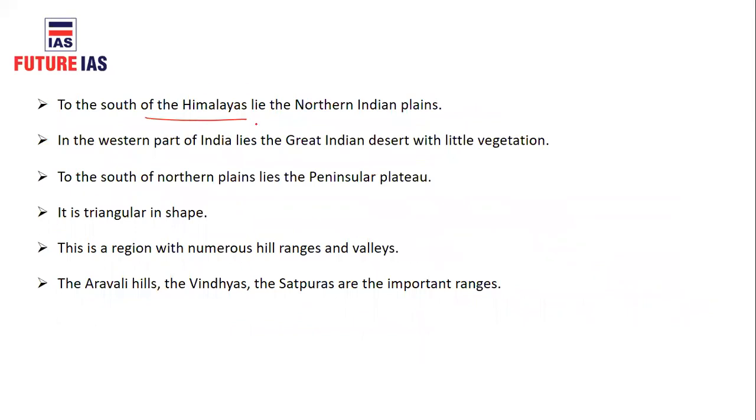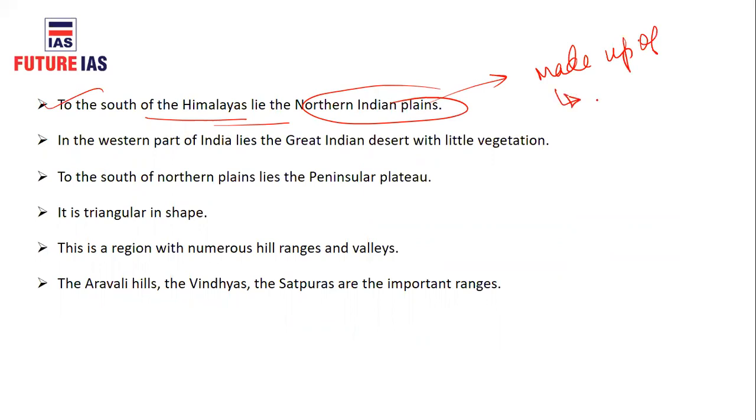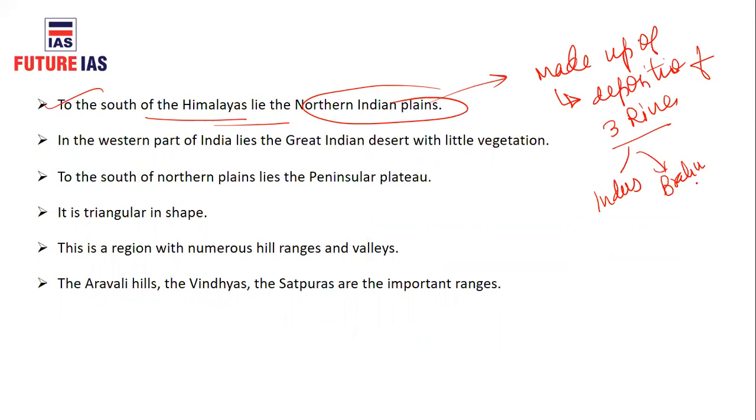To the south of the Himalaya, you have the North Indian plains, which are predominantly made up of the deposition of three rivers, Indus, Brahmaputra, and Ganga.